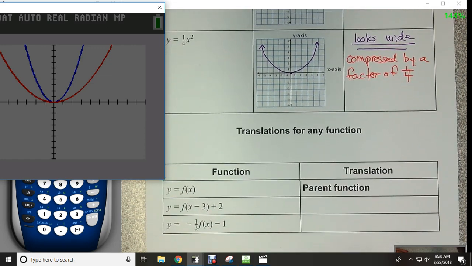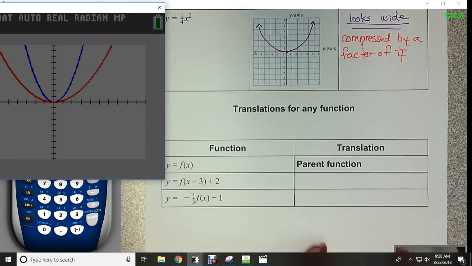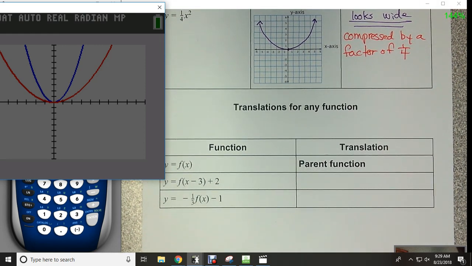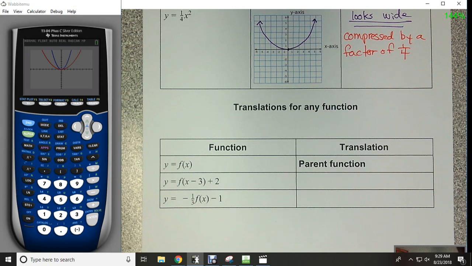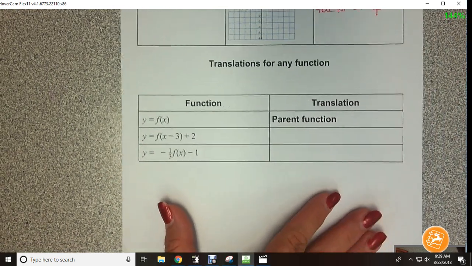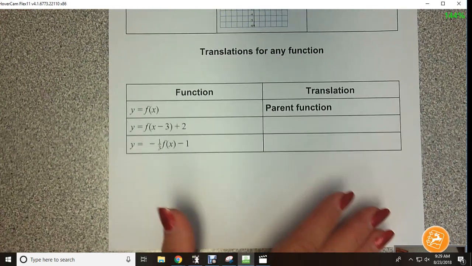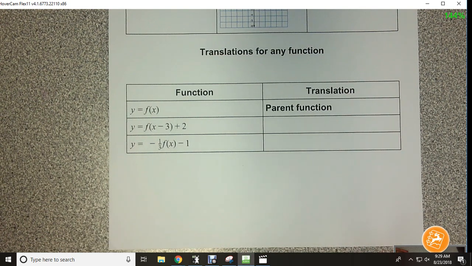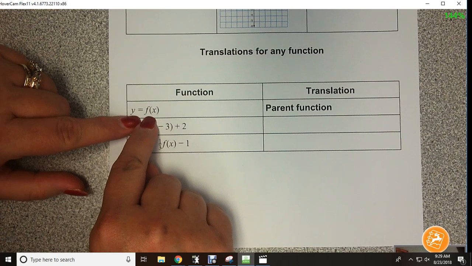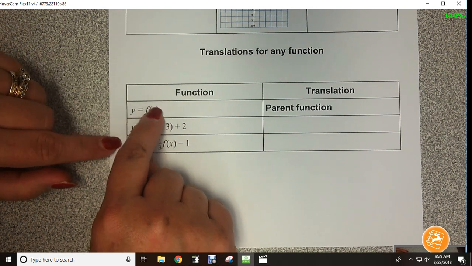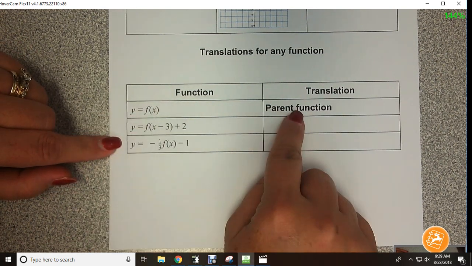So now, let's take a look at my chart here at the bottom. I'll get my graph stuff out of the way for a minute. Here we're going to talk about translations for any function. If I have y equals f of x, this just represents my parent function. That's all.